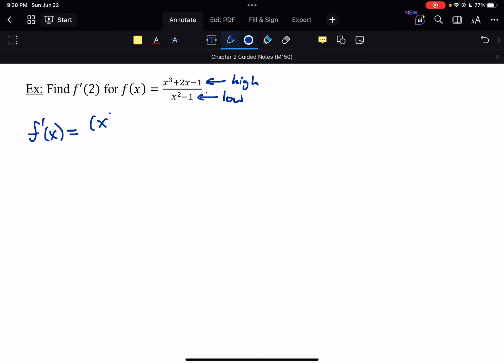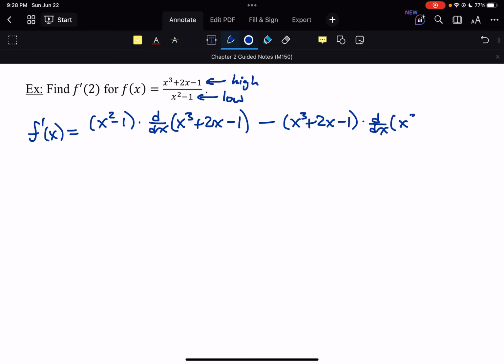So we're going to have low d high minus high d low all over low squared.